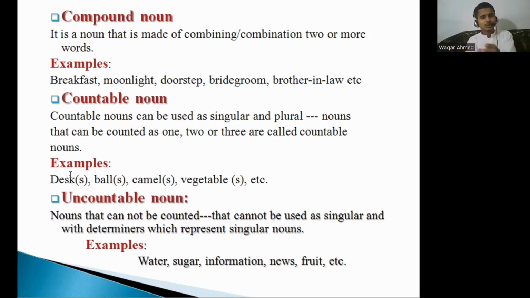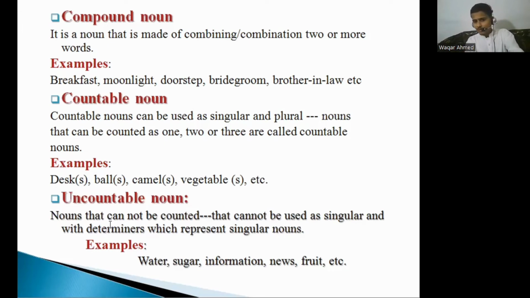So the nouns that you could use with the adjectives like one, two, three, these nouns are countable nouns, and the nouns that you can't really use with such adjectives are uncountable nouns. And here are the examples: desk or desks, ball, balls, camel, camels, vegetable, vegetables, etc.